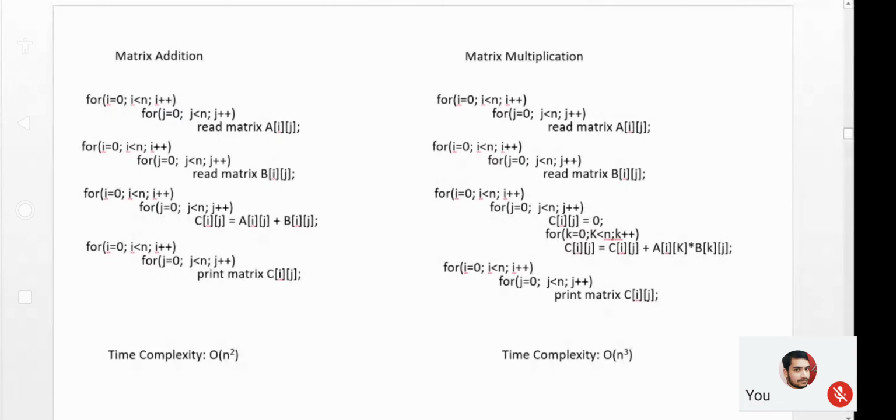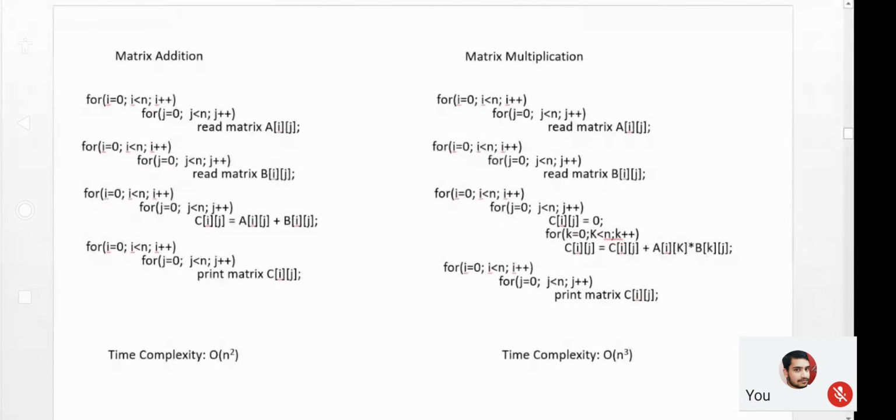Because the classification is what? First constant time, then logarithmic, that is log n. After that linear, then n log n, then n square, then n cube, then n to the power 4, which is less than n to the power 5, which is less than n to the power 6, and so on, which is less than n to the power n or something.